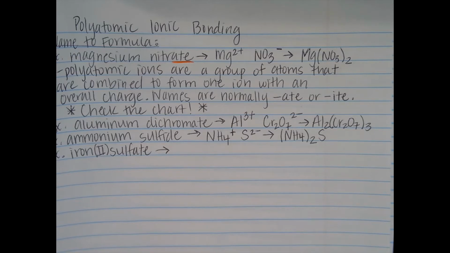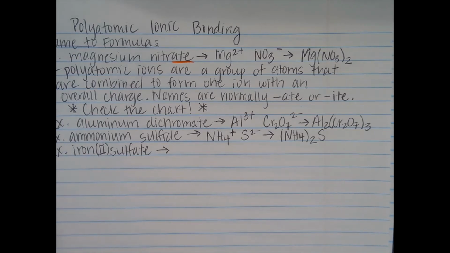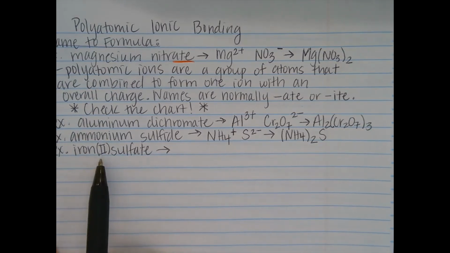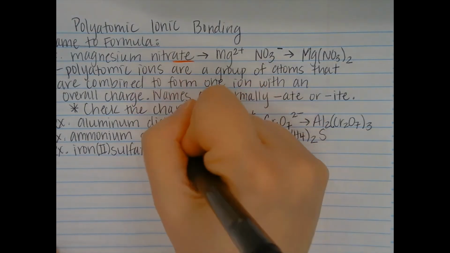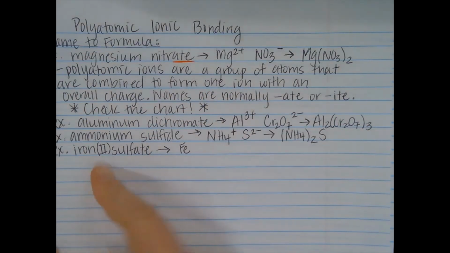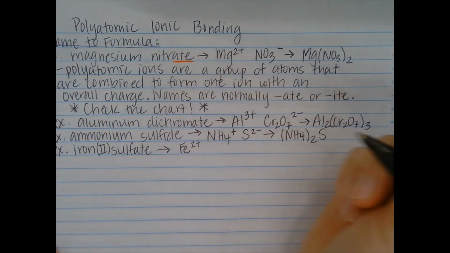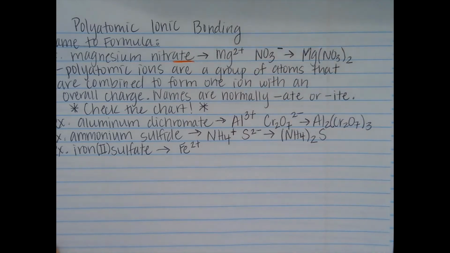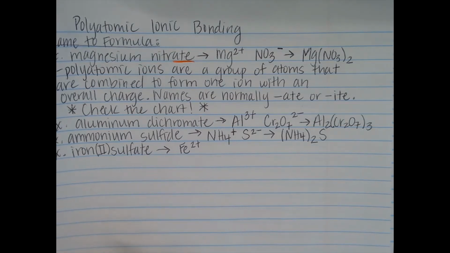Okay. Iron(II). That tells me this is a transition metal, and I know from that Roman numeral that it has a 2+ charge. So Fe is iron. This Roman numeral 2 tells me it's a 2+. So that's my cation. That one we've done before. Sulfate, that's new.